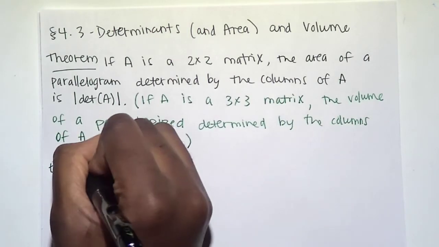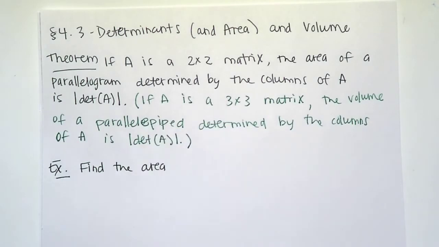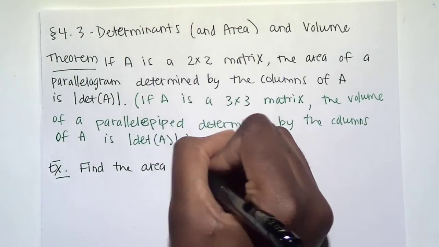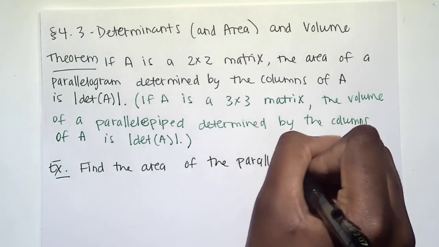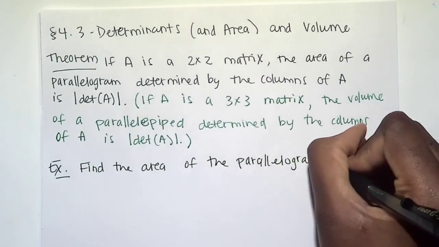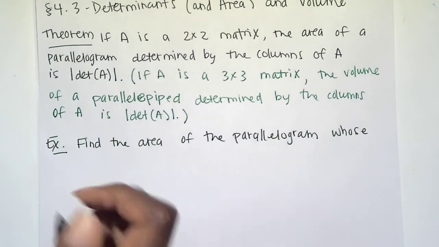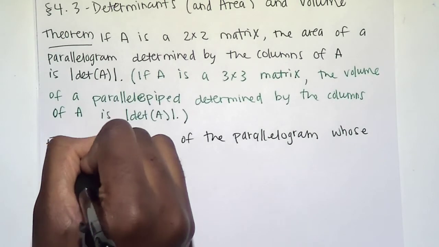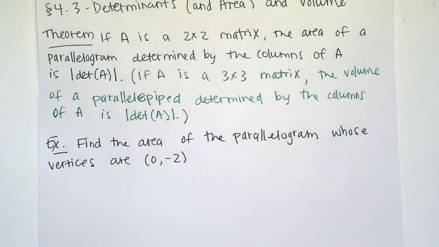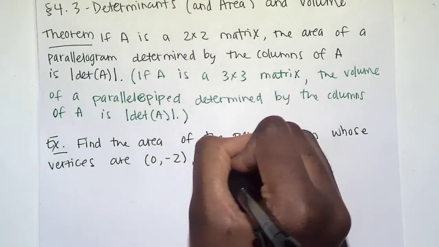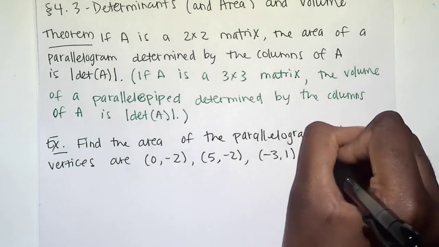We want to find the area of the parallelogram whose vertices are (0, -2), (5, -2), (-3, 1), and (2, 1).